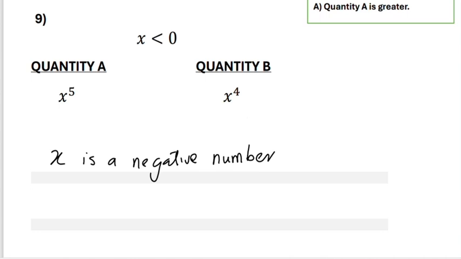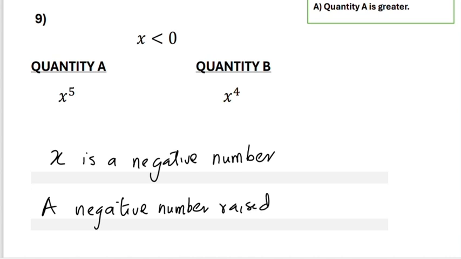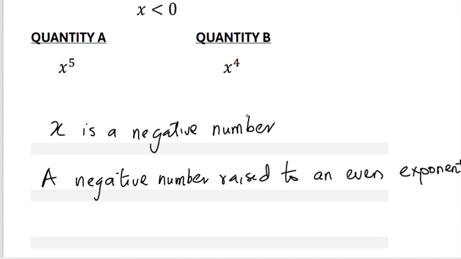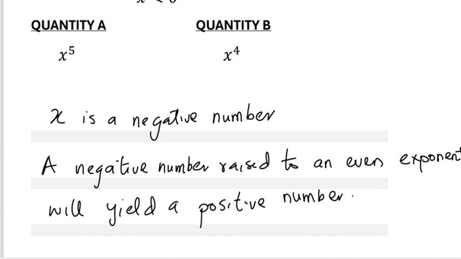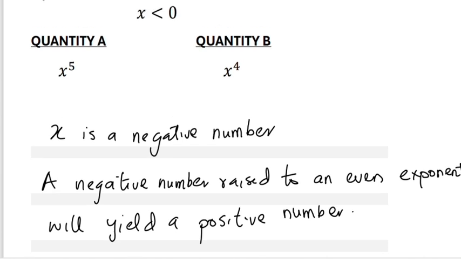Let me write that down. So we know that a negative number raised to an even exponent will yield a positive number, but if it is raised to an odd exponent, it will be a negative number.